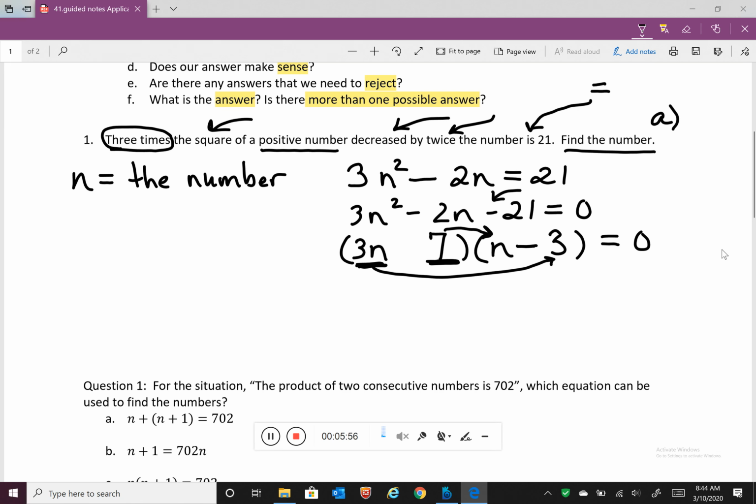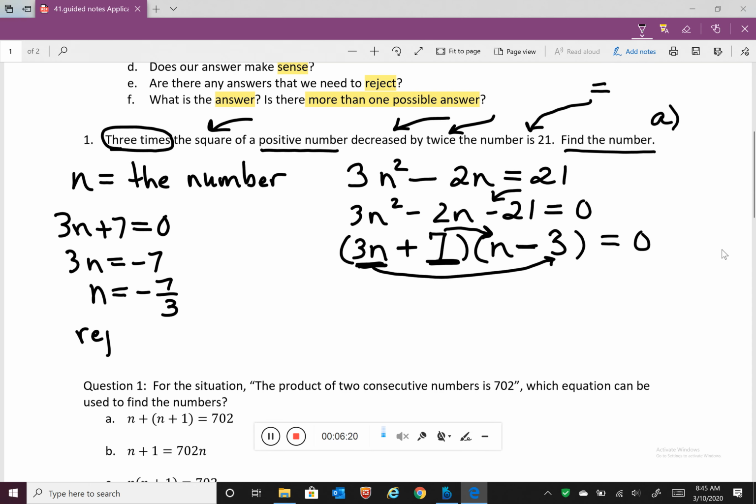That's going to give us minus 3 and plus 7, which does indeed result in a minus 2n. Now we're going to set each factor equal to 0. So 3n plus 7 equals 0, which means 3n equals negative 7, which means n equals negative 7/3.